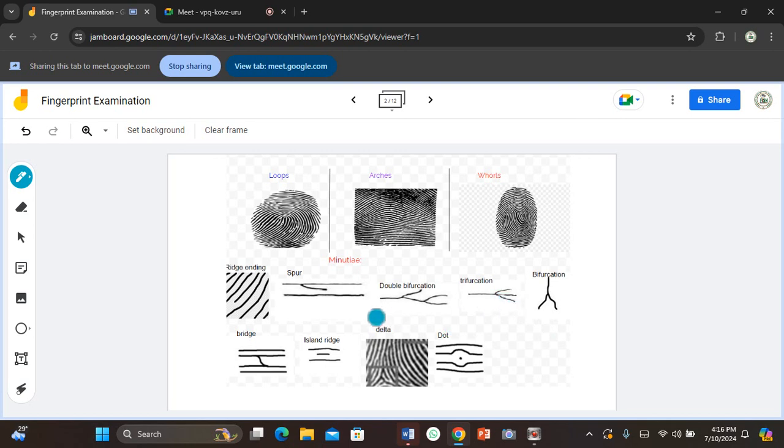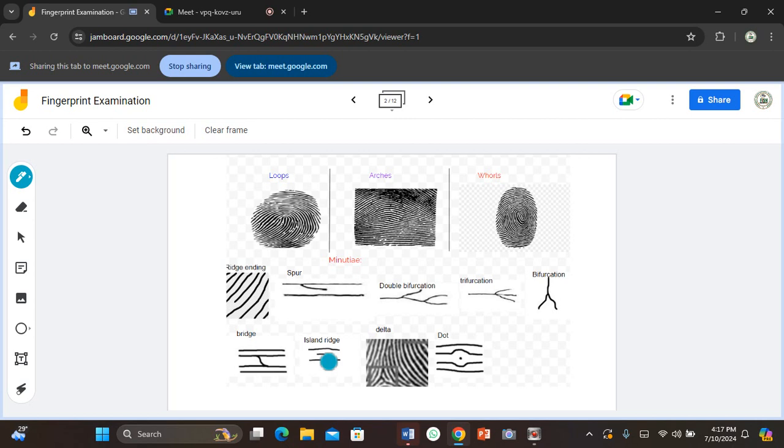Then you have a spur. That is when you have a straight line, and it seems as if another line joins it at an angle more or less than 45. So you call it spur. Then you have an island ridge. That is when you have a ridge that is surrounded by empty space, just standing on its own.